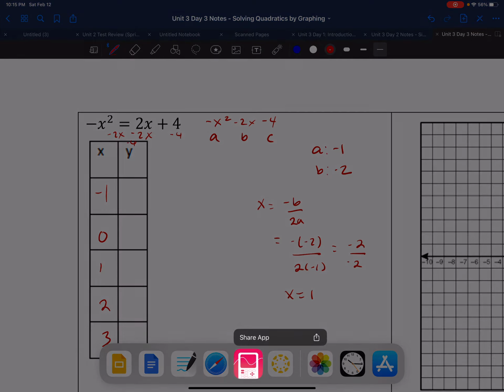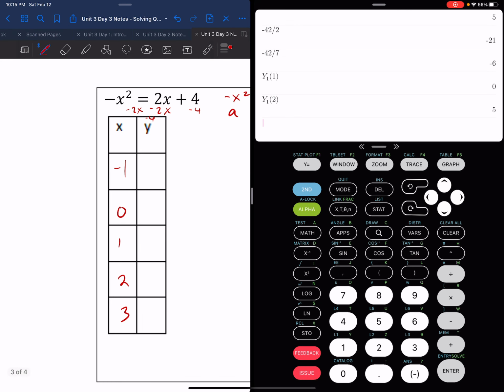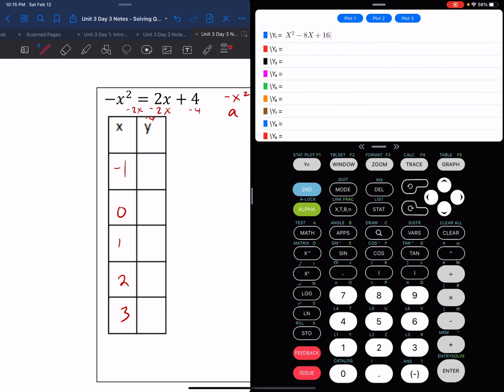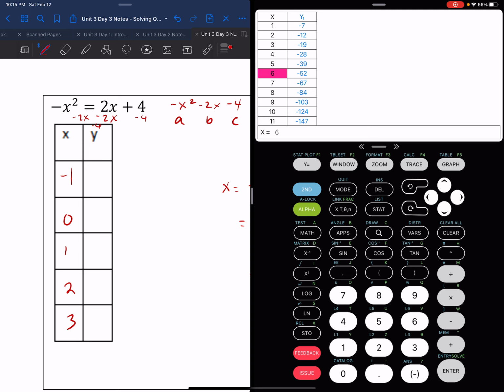And let's use my calculator again. So I go second quit, y equals, let's put negative x, oops, that's not what I want, negative x squared minus 2x minus 4, and then press second graph, go all the way up, and 1 is right here.